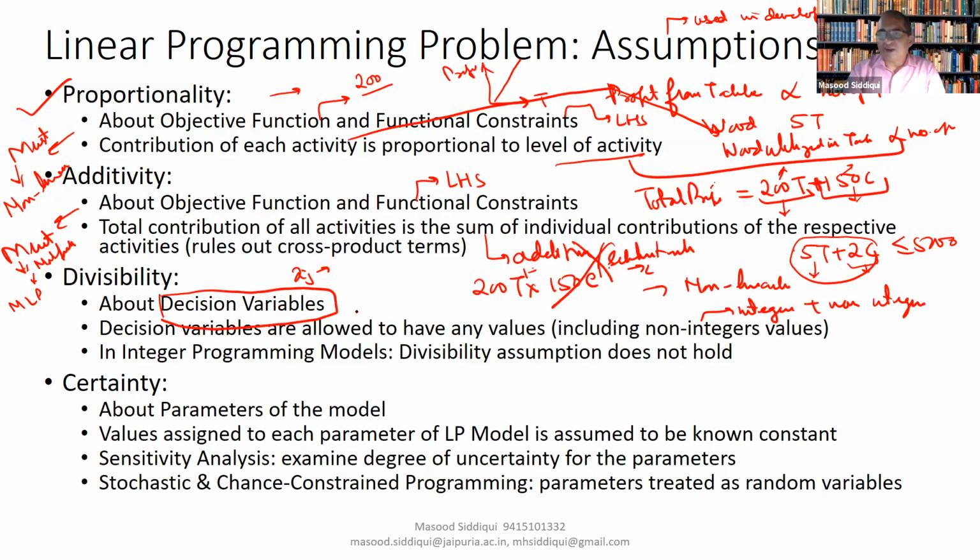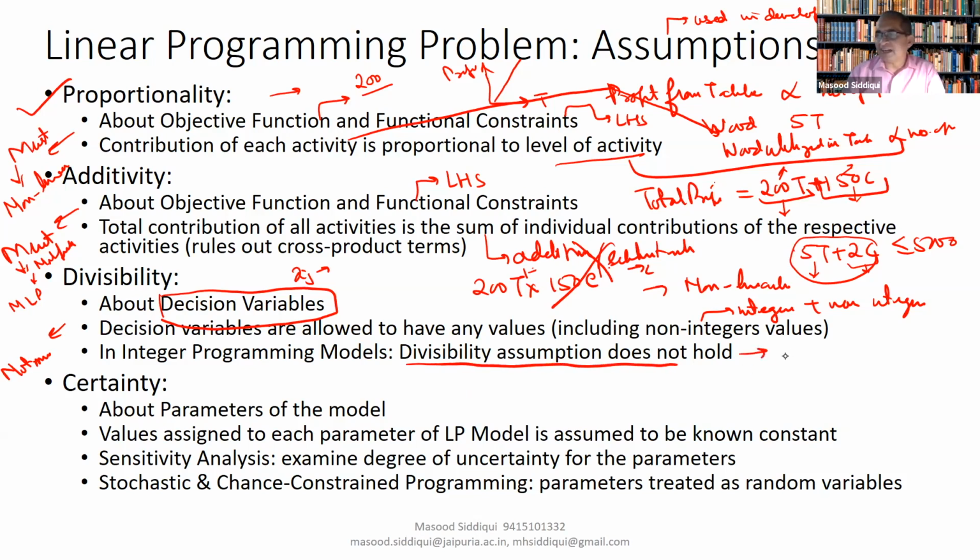Now this condition is not a must, because of integer programming, which is a part of LPP with some additional restrictions. Here the divisibility assumption does not hold.